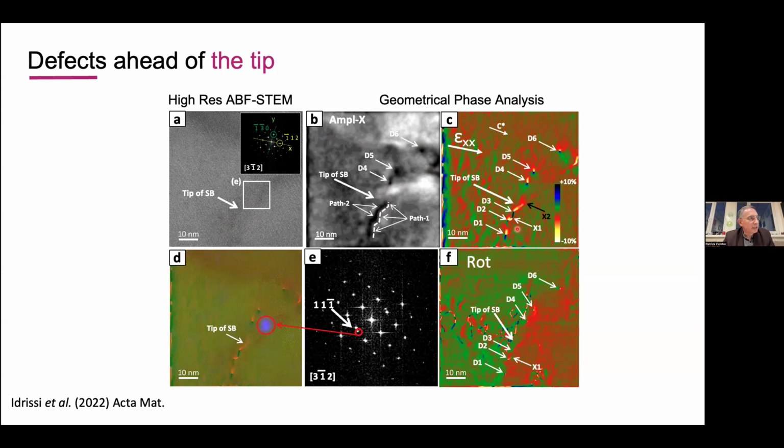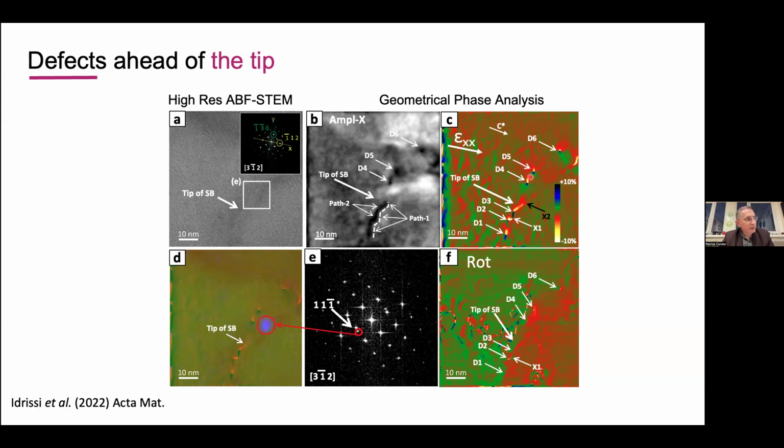But most interestingly, when we see ahead of the tip, we see those tiny contrasts here, which are very characteristic of the strain field of dislocations. We see also a rotation across the path of those dislocations. And well, since this contrast comes from the lattice planes, we can also identify the dislocations. They were c dislocations.